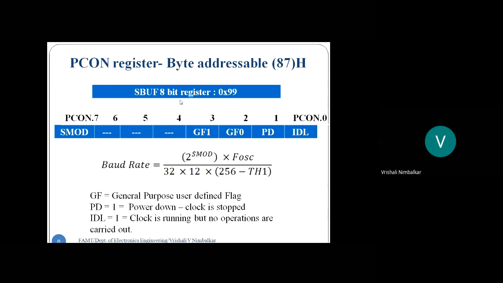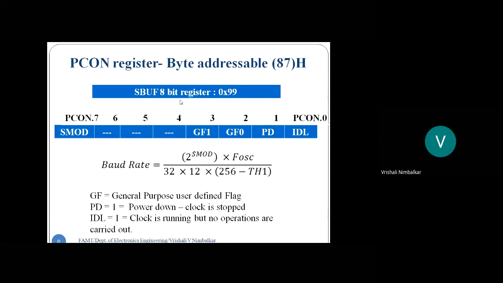What the programmer has to do is only give the 8-bit data and store it in the SBUF register. The frame formation happens internally. We need not worry about the start and the stop bit. While transmitting, the frame is automatically prepared by the microcontroller, and at reception, the start and stop bits are automatically removed by the microcontroller inside.